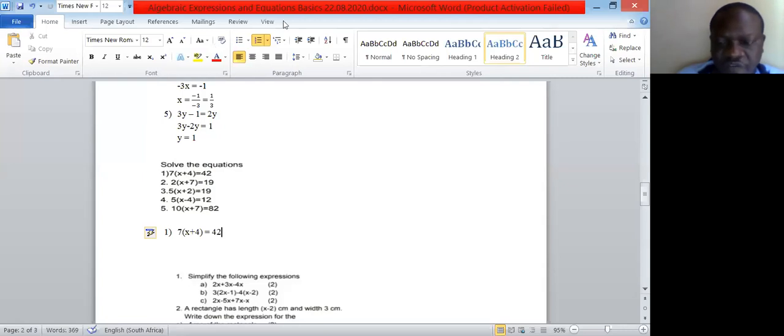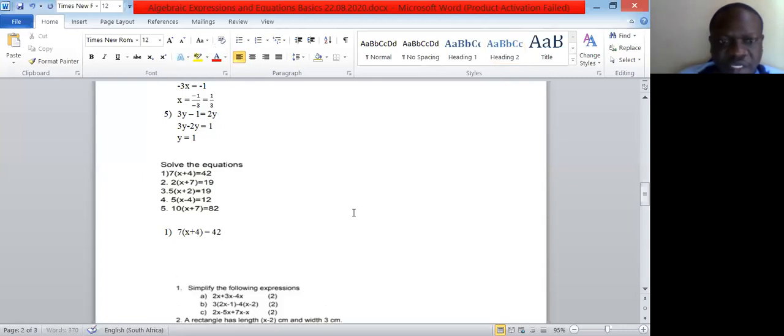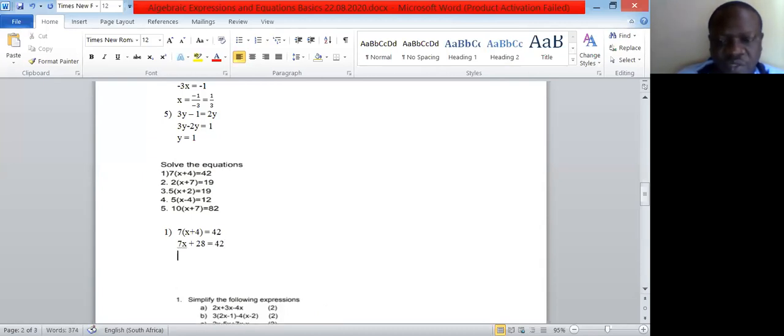Right, so 7 bracket x plus 4 is equal to 42. So we start by removing brackets, and then 7 times x, that's 7x, plus 7 times 4, that's 28, and that is equal to 42. And then we continue. 7x is equal to 42 minus 28.